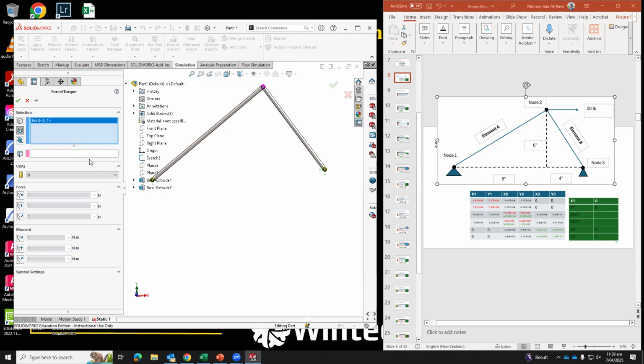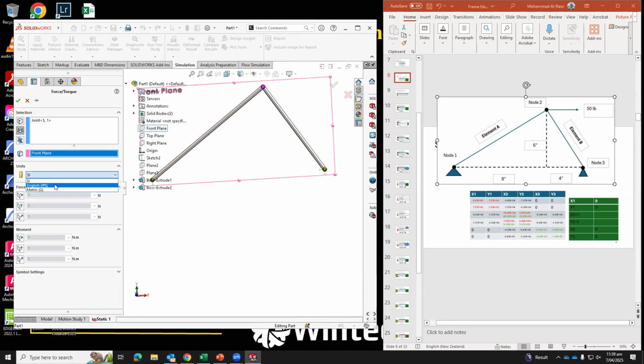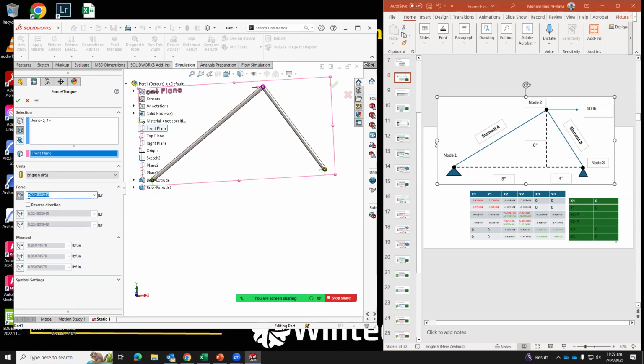From the joint, you need to select the face edge, which direction to reference to front plane again. Change the unit from SI to IPS. We select the option along plane direction 1. Give that value of 50 pounds.